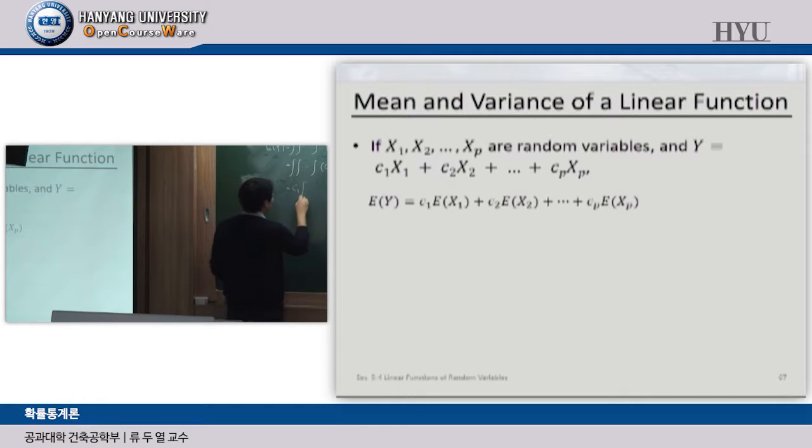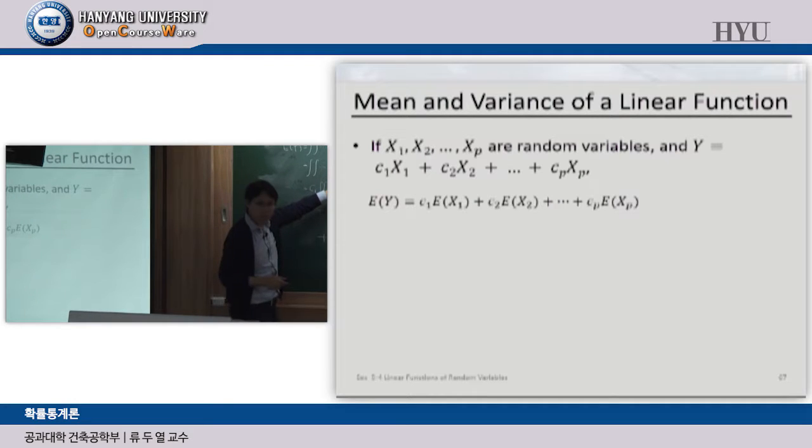It can also be rewritten as C1 times the integration of x1 by the joint probability density function, plus C2 and so on.